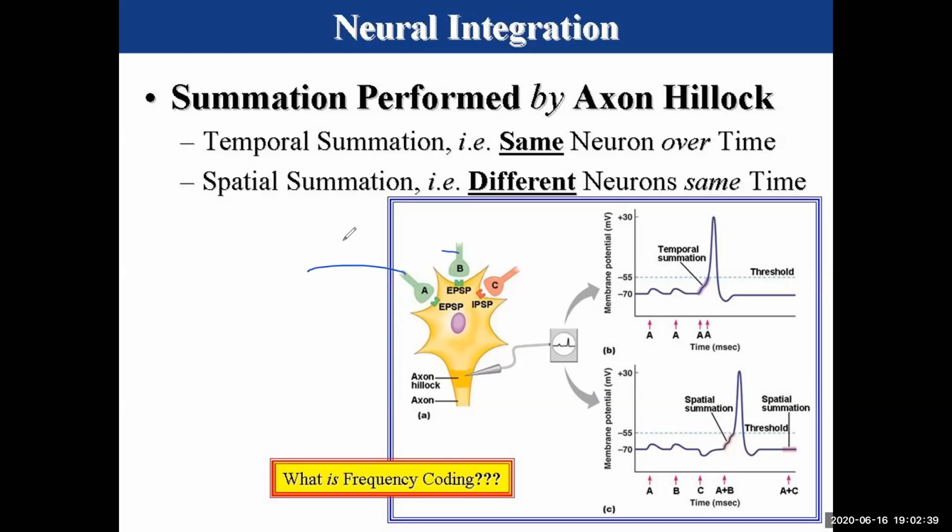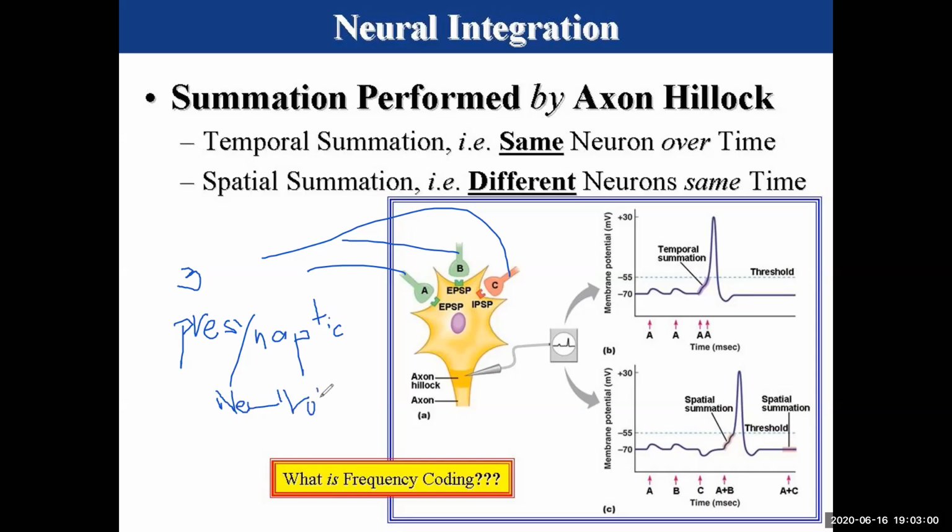And when we say neuron, let's make sure that we understand this. A, B, and C are three presynaptic neurons, right? Three presynaptic neurons compared to the yellow neuron.